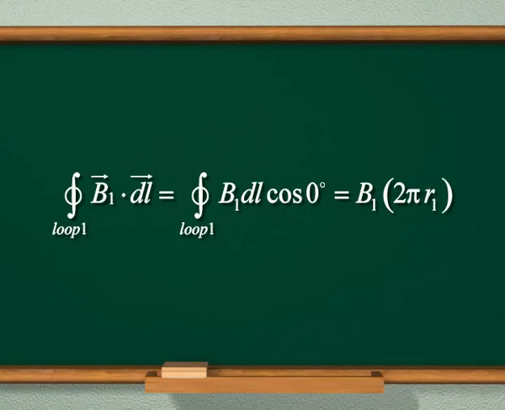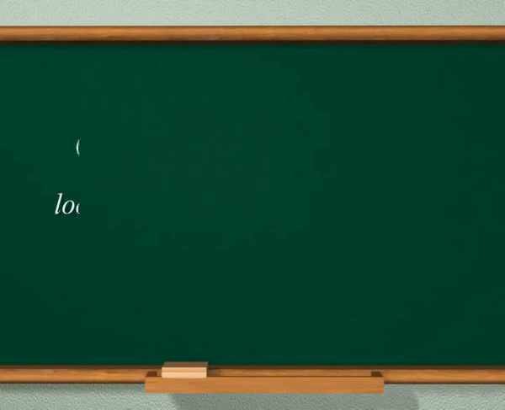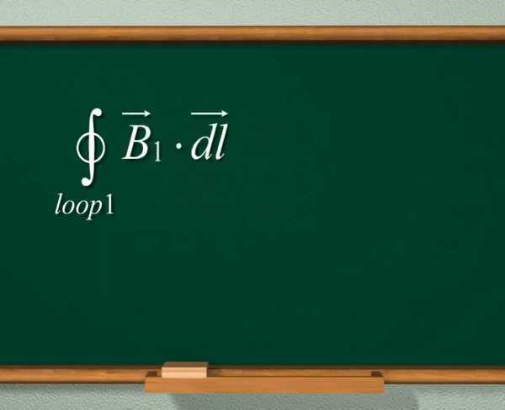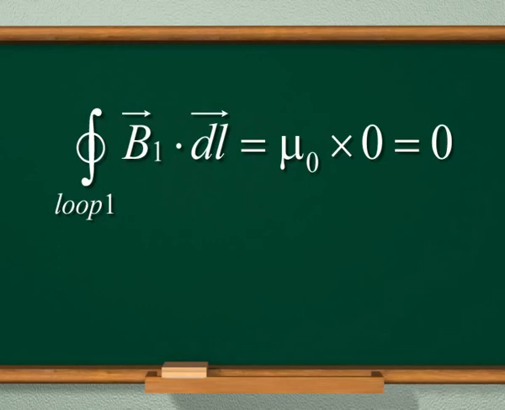Since loop 1 encloses no current, according to Ampere's circuital law, the line integral of magnetic field B1 along loop 1 is equal to mu naught times 0. Therefore, B1 is 0.